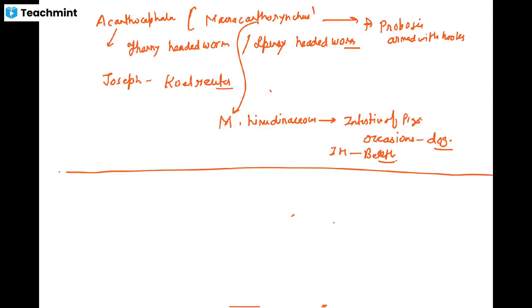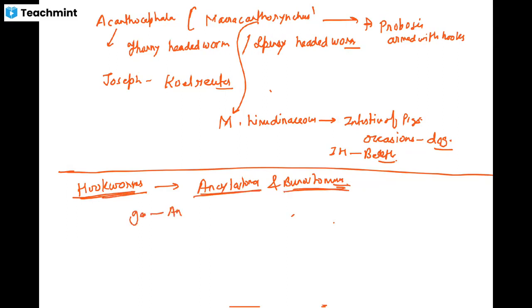Another one is hookworms. In hookworms, there are two genera, Ancylostoma and Bunostomum.